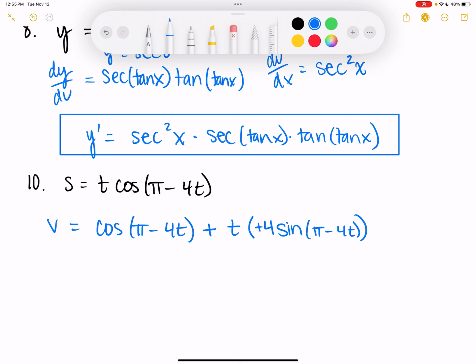Now, I usually try to make this look a little prettier. So, cosine of pi minus 4t plus 4t sine of pi minus 4t.